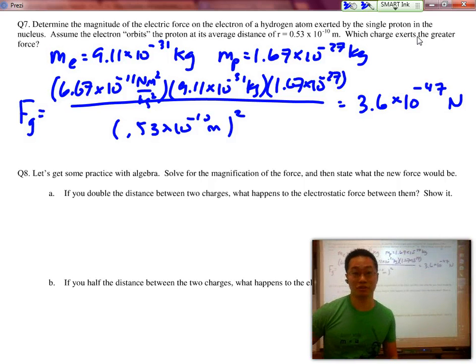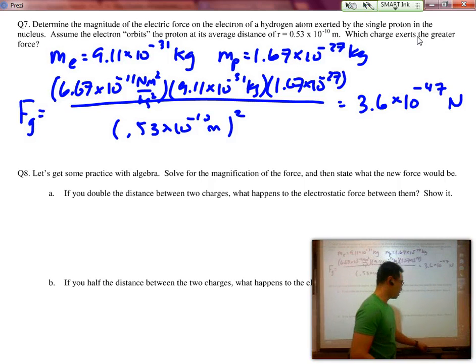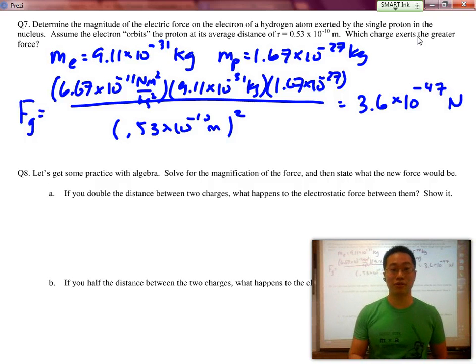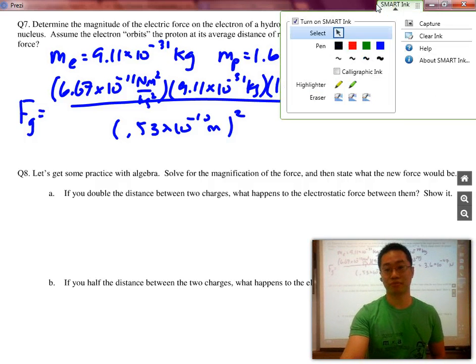Not even close. Okay, so you can see that electrostatic force is a tremendously powerful force as compared to gravitational force.